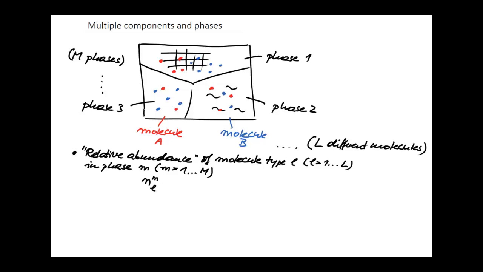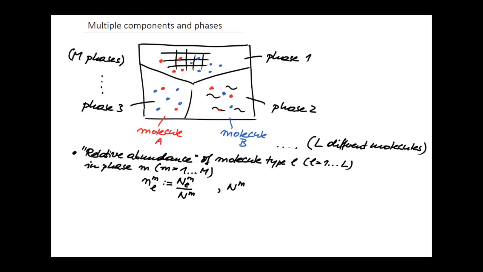It's little n with two indices, M and L, and it's defined in the following way. It's the number of molecules of type L in the phase M divided by the total number of particles in phase M.